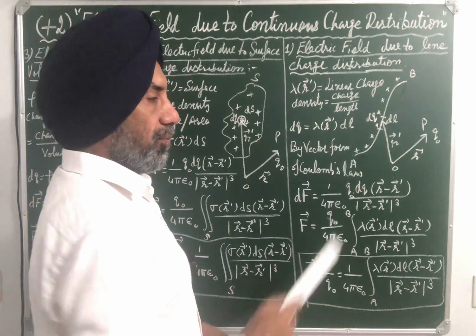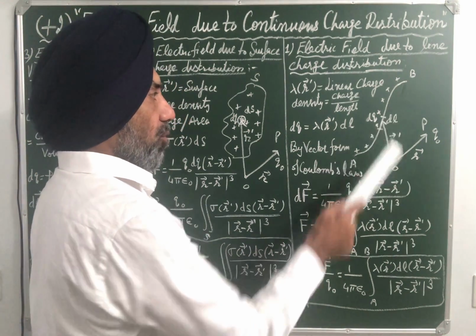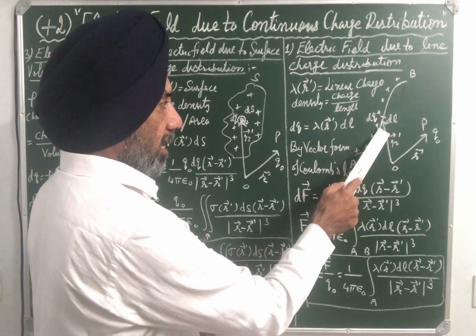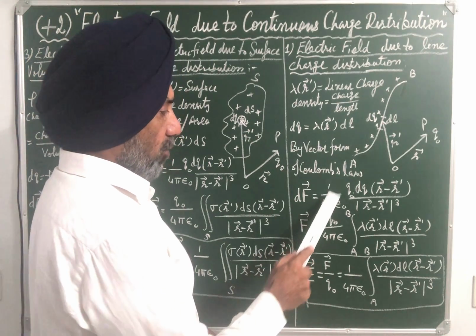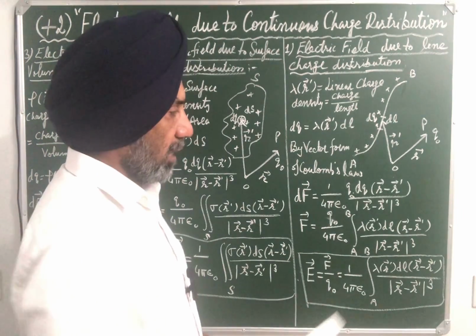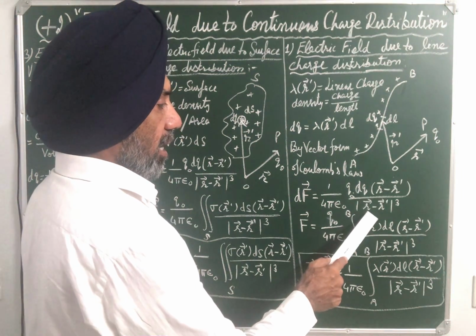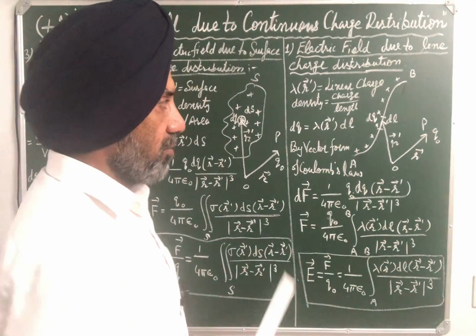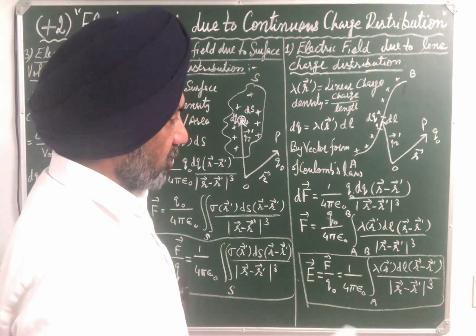Then by the vector form of Coulomb's law, the electric force experienced by this test charge due to the small element is given by dF is equal to 1 upon 4 pi epsilon naught, q naught dq, (r vector minus r dash vector) divided by mod of (r vector minus r dash vector) cubed. So this gives the electrostatic force due to the small element at P, that is, on the test charge q naught.